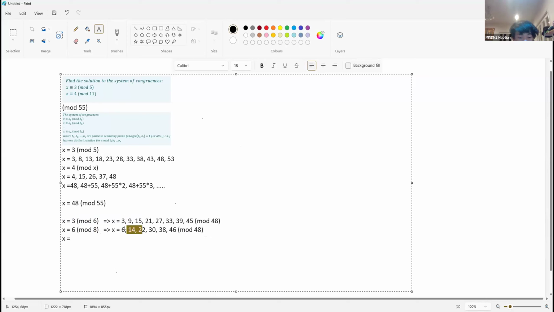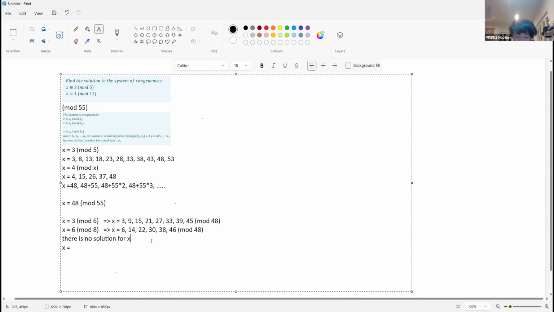If you compare the two lists, you actually notice nothing is in common. There is no solution for x. So sometimes it does work though, but it always works if all of the numbers are relatively prime.